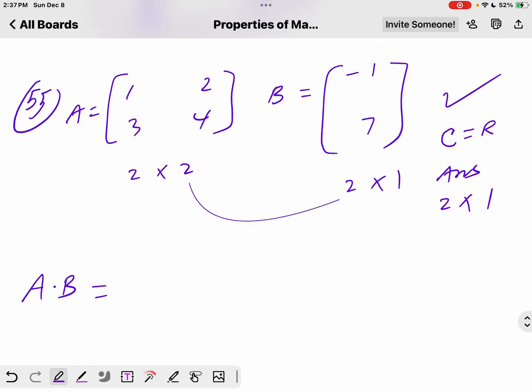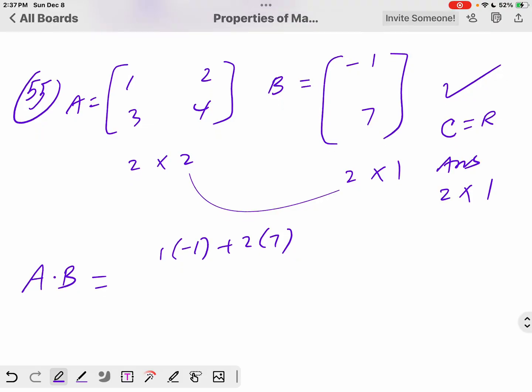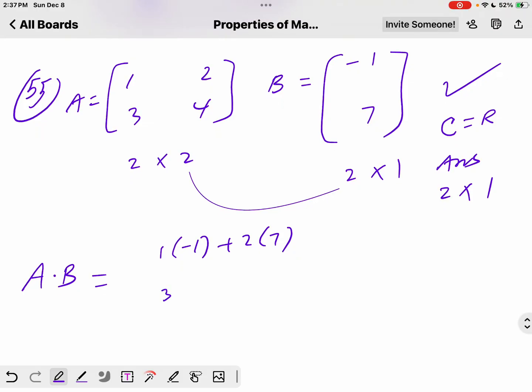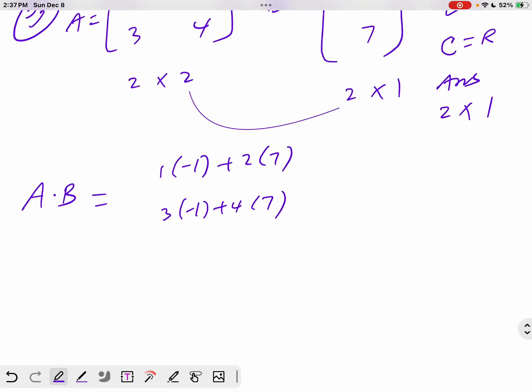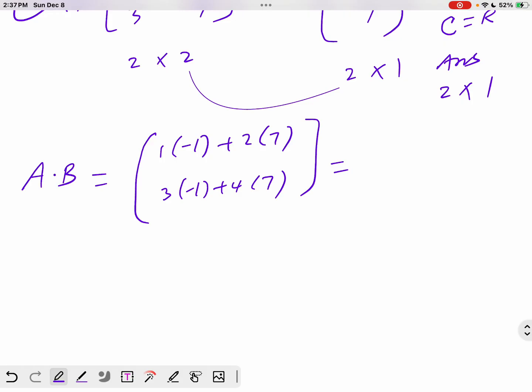Okay, so let's do it. So this one is just like last time, 1 times negative 1 plus 2 times 7. The other one is 3 times negative 1 plus 4 times 7. So 1 times negative 1 is negative 1 plus 14.